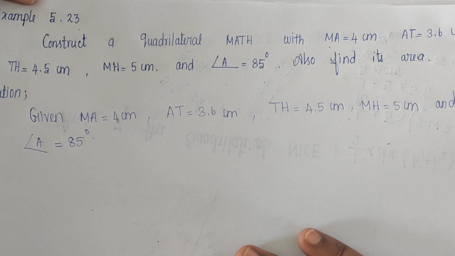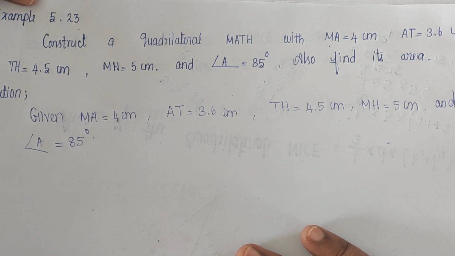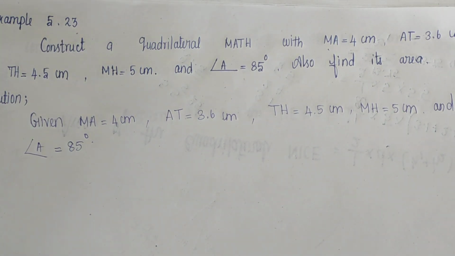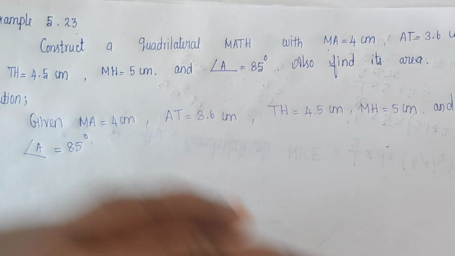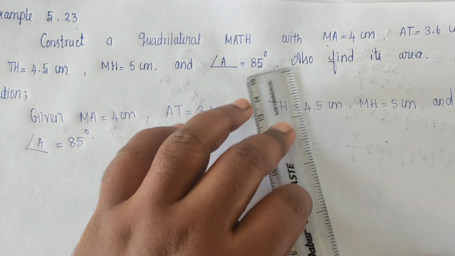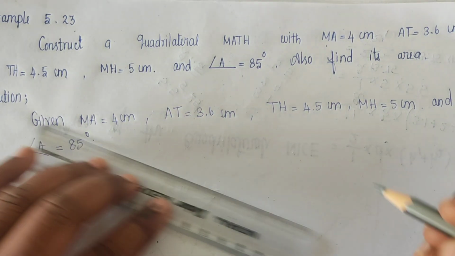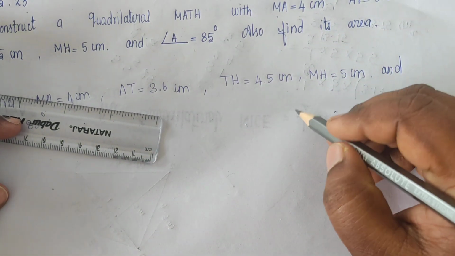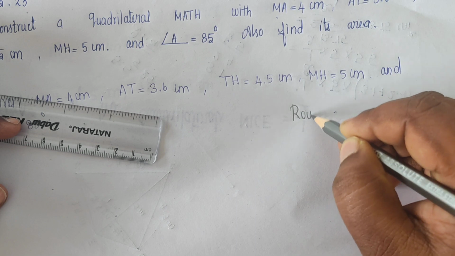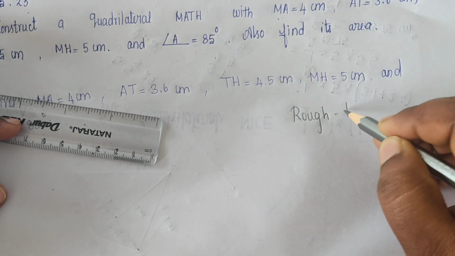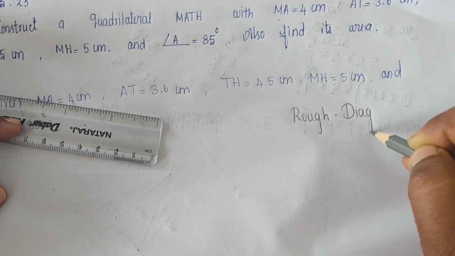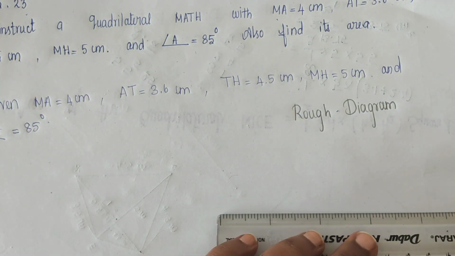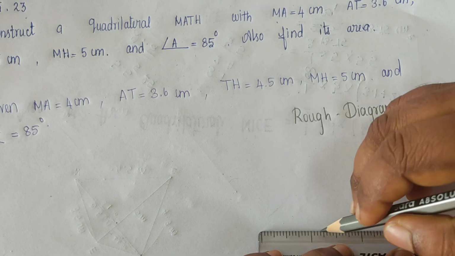Next we draw a rough diagram using a pencil and scale. First, draw a line.